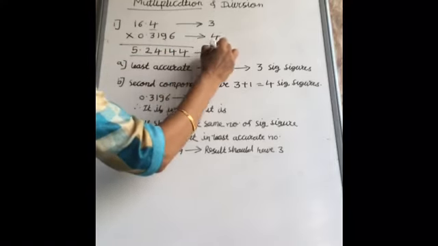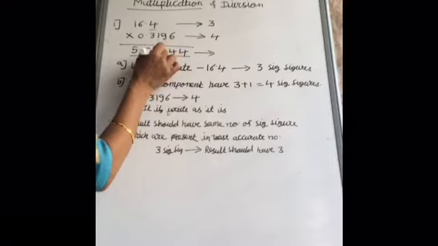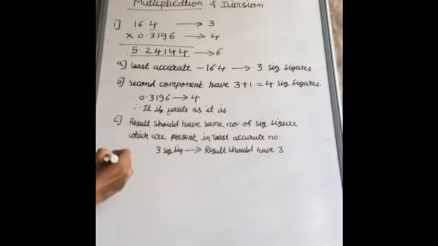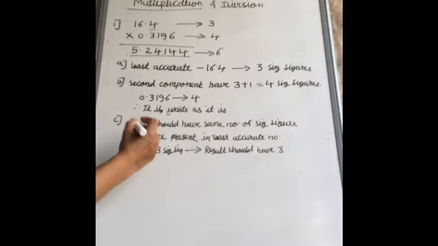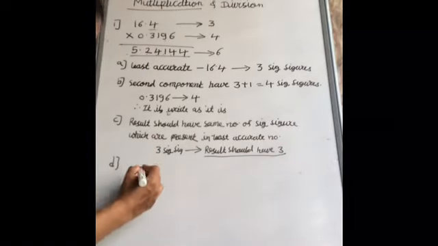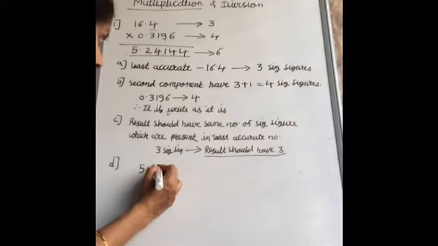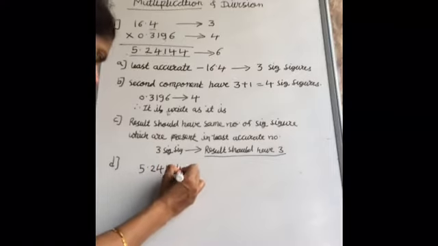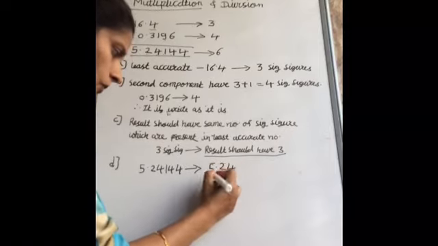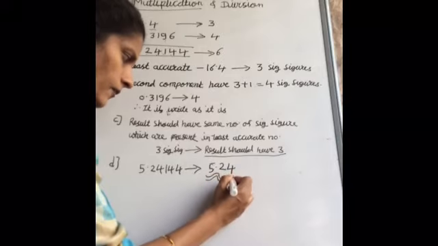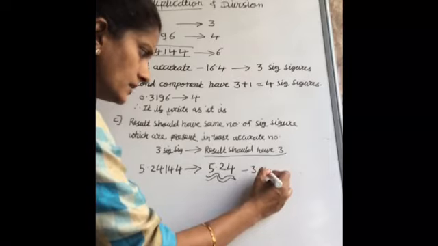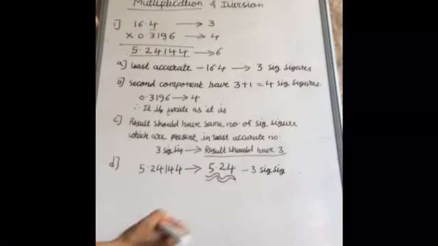This answer has 1, 2, 3, 4, 5, 6, that is 6 significant figures, but by the rule you should have only three. So you write 5.24144 as 5.24. Your answer is 5.24, having three significant figures.